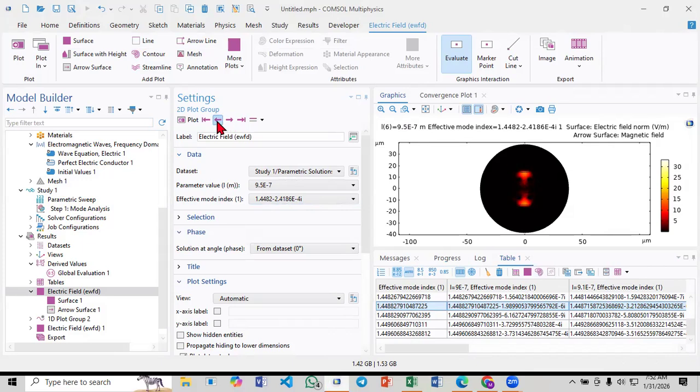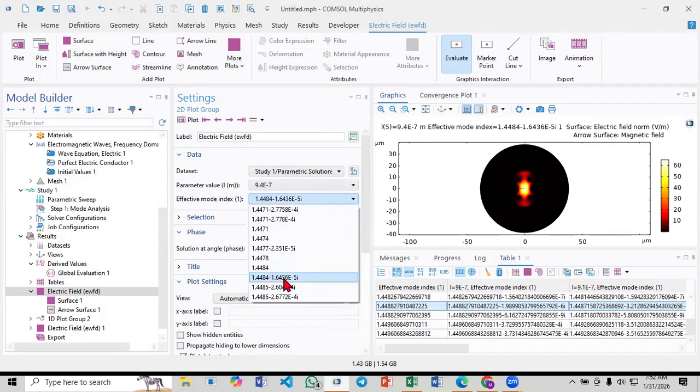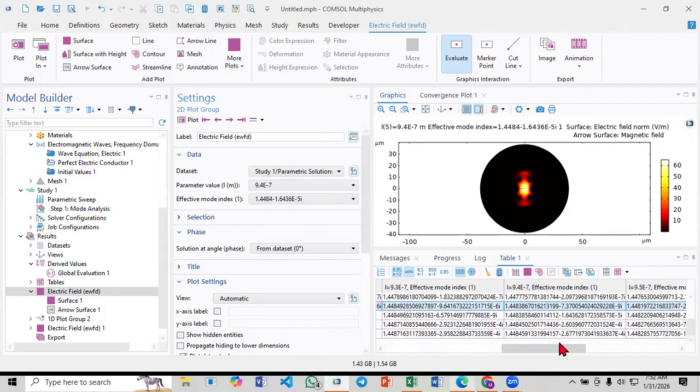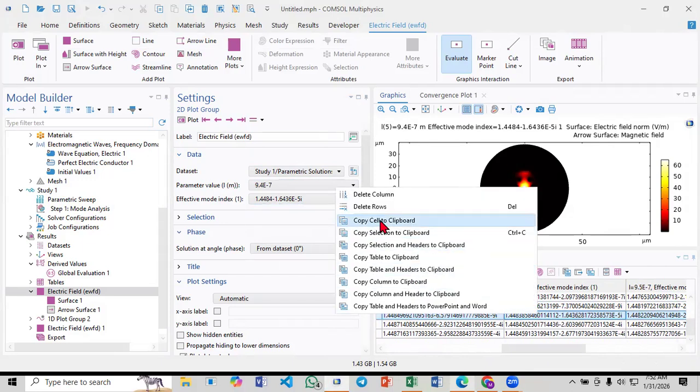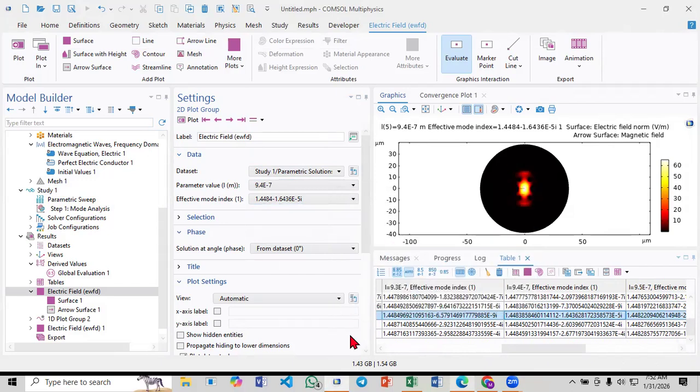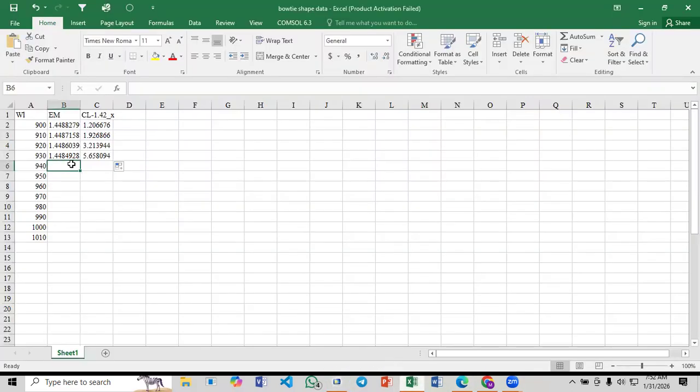So it's in here. We have to collect this data from here. For 940, this one from the bottom. You can click the single cell, right click and copy cell to clipboard. Then paste it here.